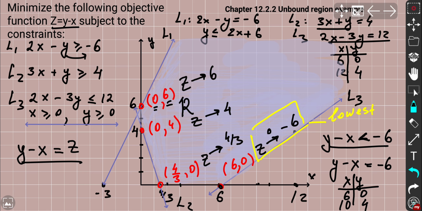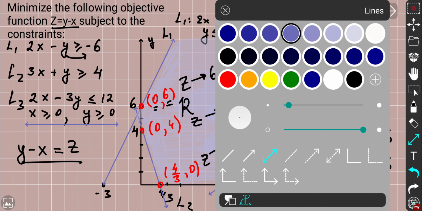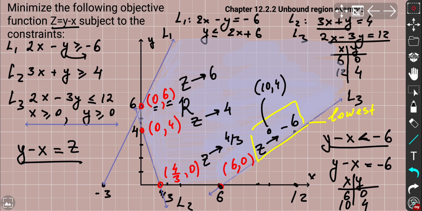So we've got another point, which is 10 and 4. Okay, so we've got 2 points, and now we're going to connect. I'm going to use just a straight line, and connect those 2 points. So that and that point. Okay, this is the line that we have right now.